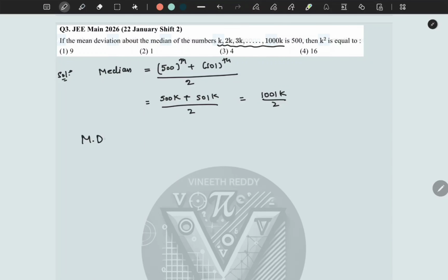So how do we find the mean deviation? Mean deviation about the median will be sigma i equals 1 to 1000, because there are 1000 observations, of mod xi minus the median, let us say this is capital M, divided by 1000, right? Now, because there is a modulus function, let me split it. From i equals 1 to 500 we get one value.